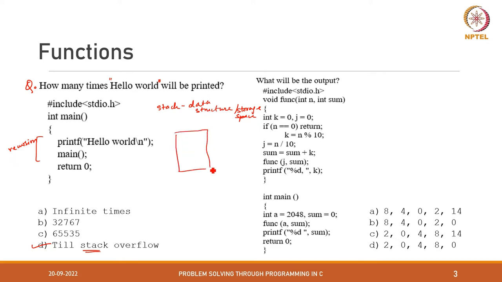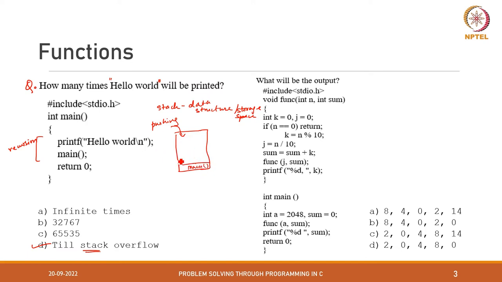Now, when we first called this main function, we call it pushing into the stack. So we pushed a main function into the stack, and it went to the very bottom. Now the next main function that we call will be placed on top of that.